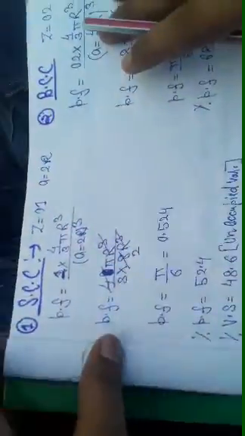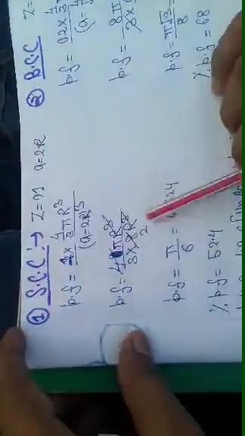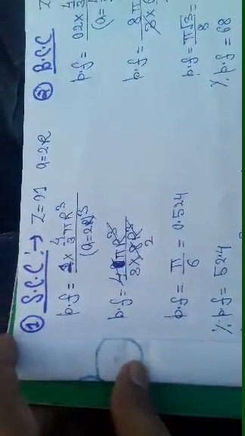The volume of the atomic sphere is 4 by 3 pi r cube, and the volume of the unit cell is a cube. If the dimensions are different, then we use a times b times c.